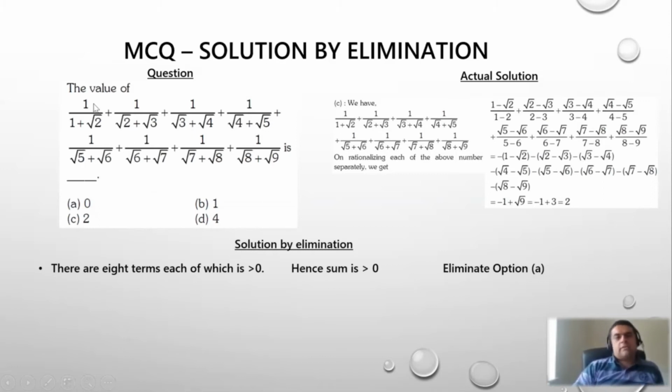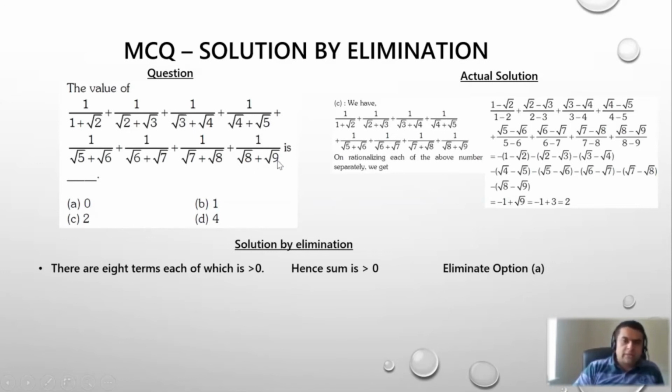Next point is, again, if you pay attention to each of these 8 terms, each of them are smaller than half. If you see this, 1 by 1 plus root 2 is definitely smaller than 1 by 1 plus 1, and similarly 1 by root 8 plus root 9.